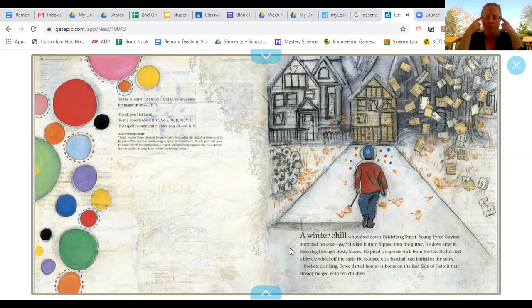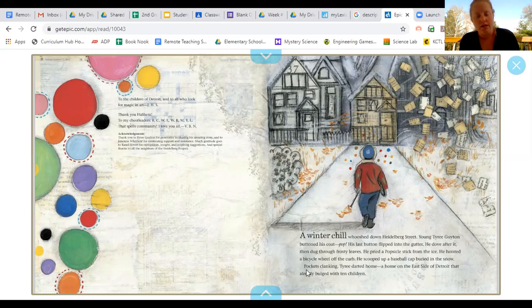So already I heard two words that helped me understand the story better by using my senses, and those are called descriptive words. So when Tyree Guyton buttoned his coat, pop, his button flipped into the gutter. Pop helps me to know that the button went off, and I can almost hear what it sounds like when a button of mine goes off of my jacket. It also says pockets clanking. If you've ever put a bunch of stuff in your pockets at the same time, you might hear it go clunk, clunk, clunk.